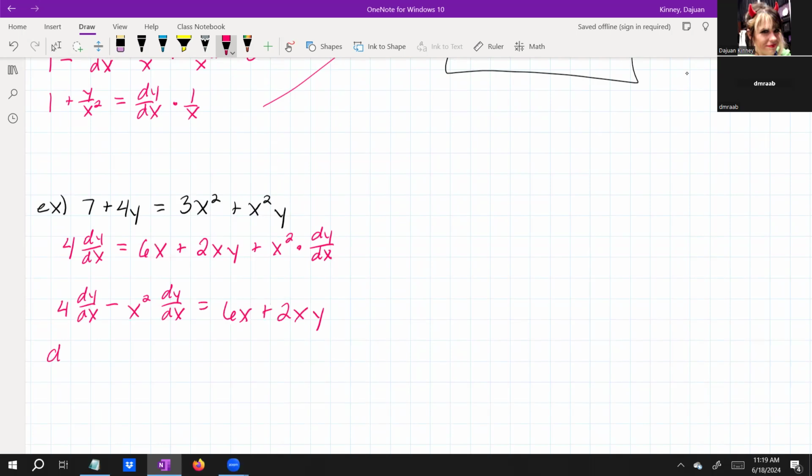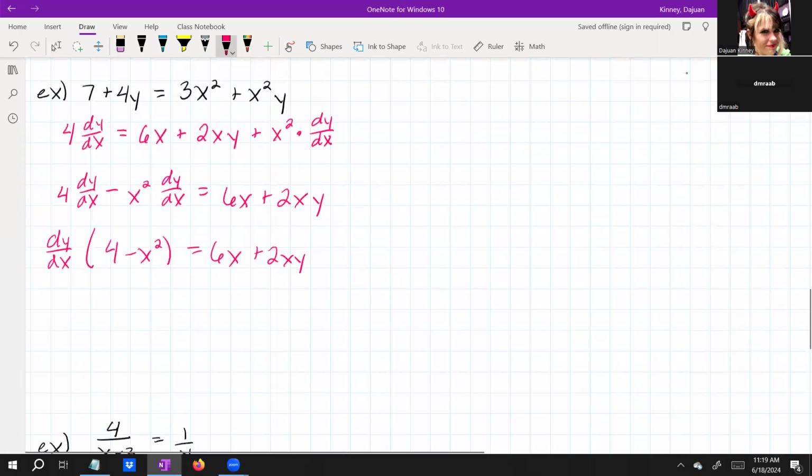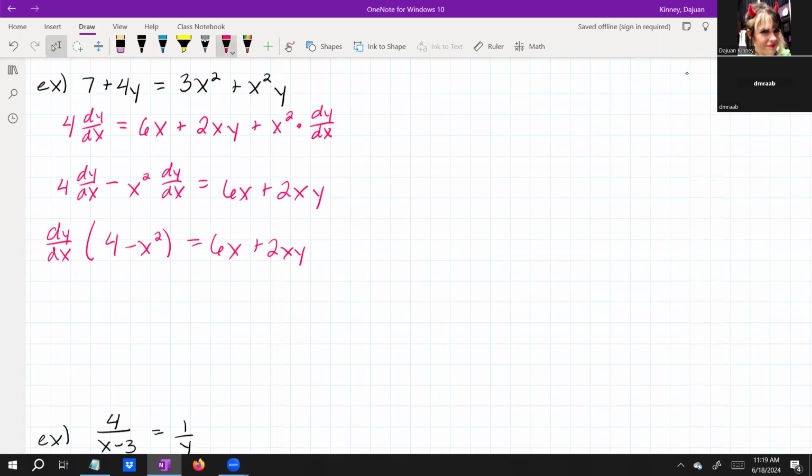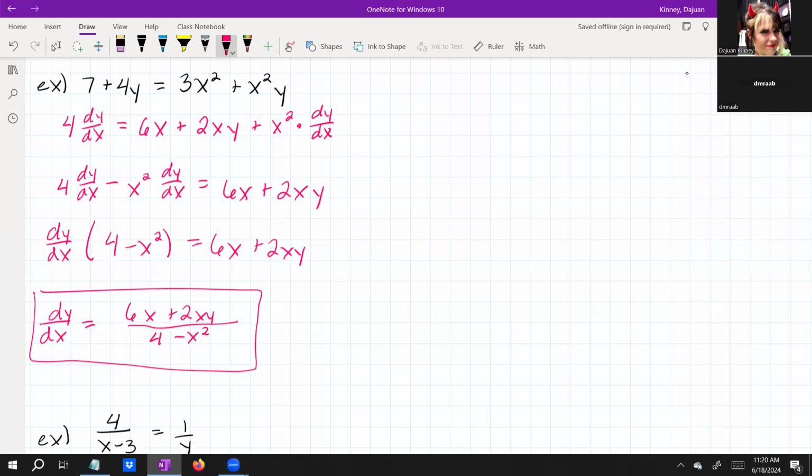Factor out, and divide. Oh, I left myself enough space. I always misjudge the amount of space I need. And that's our derivative.